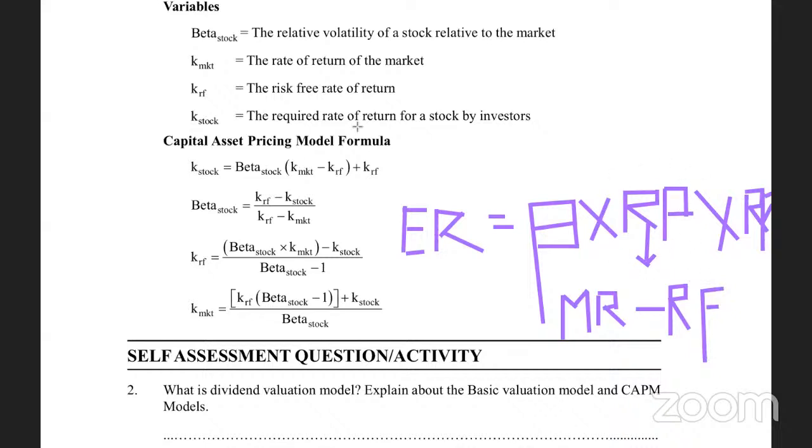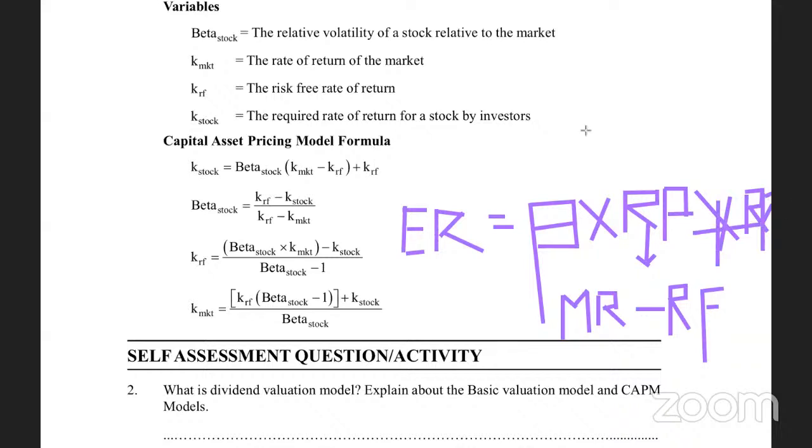That is our meaning here. Beta times market return minus risk-free return, which is called the risk premium, plus the risk-free rate. Oh, this is not multiplication, this is plus.